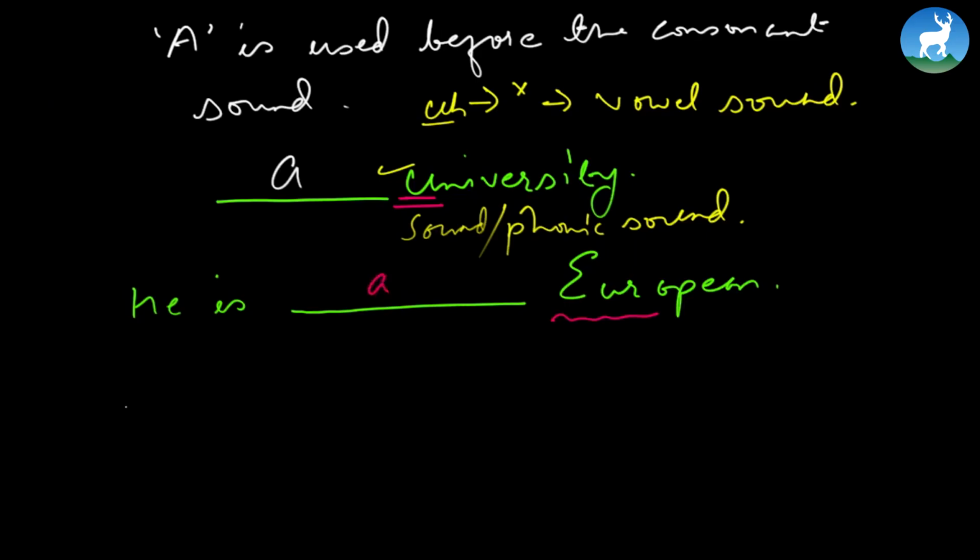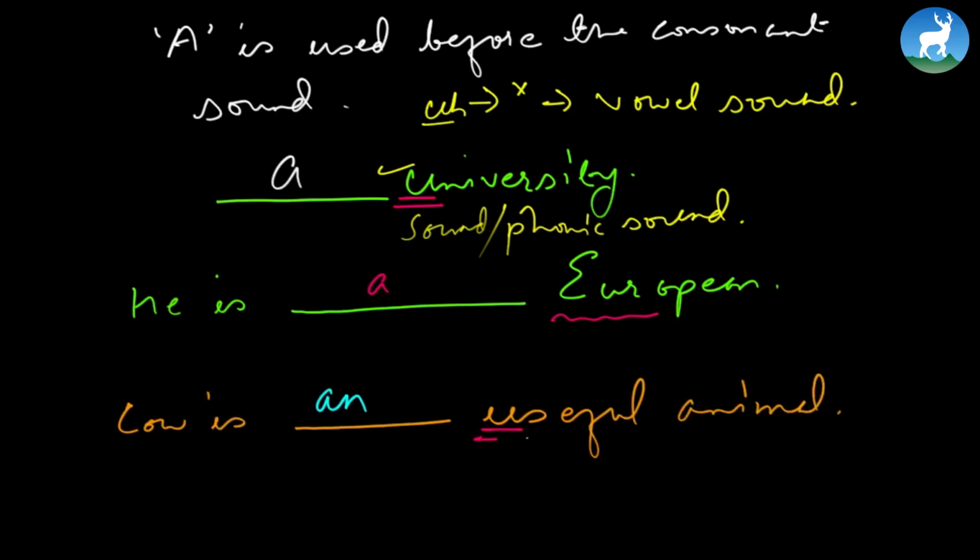Similarly, one more example. Let's say, cow is useful animal. Look at that: don't write an here just because here is a U. You'd be wrong. We have to work on the phonic sound here. Useful, again 'yoo', not the vowel U. That's why the correct answer would be: cow is a useful animal.